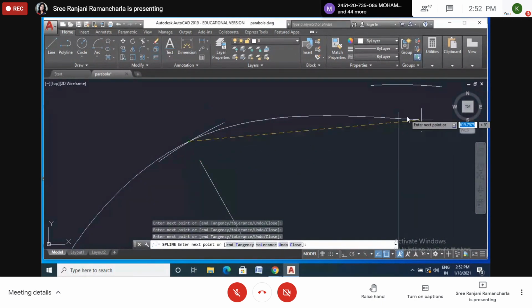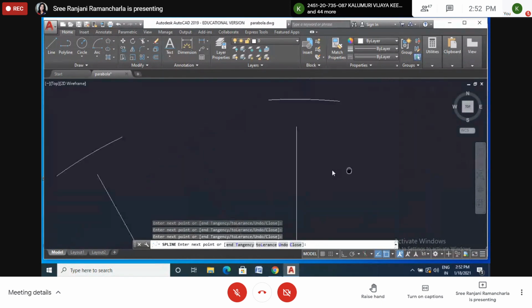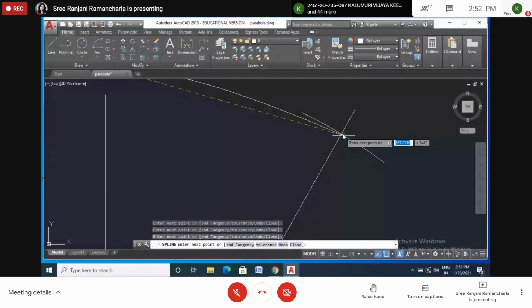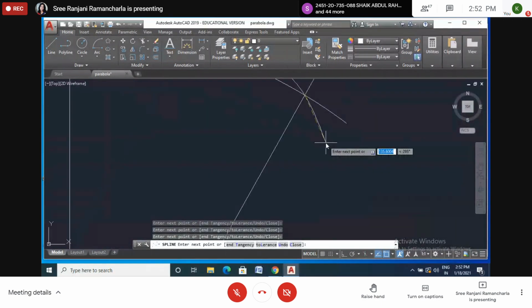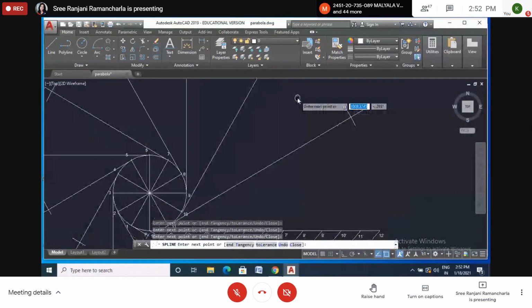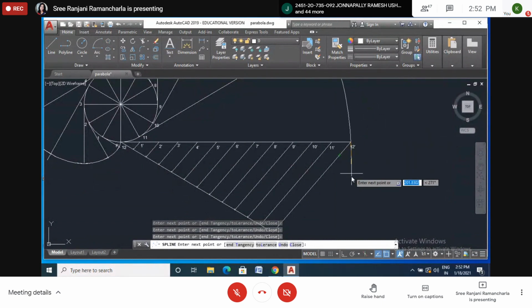Okay, these options are there. Okay, and this one. Okay, are you all getting or not? Then last point is this one. Just look before you enter in AutoCAD.